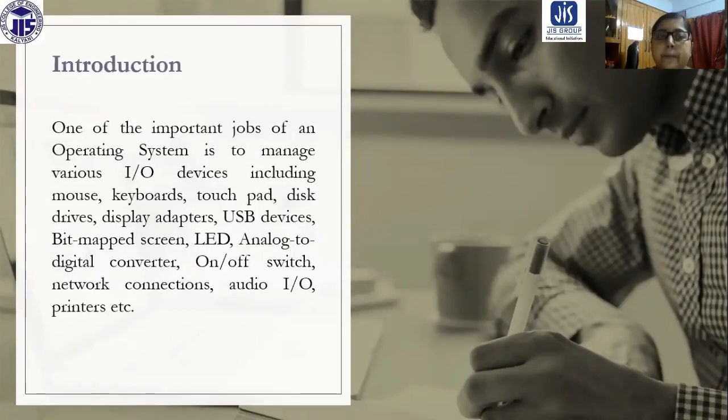It is a very important job of an operating system to manage various input-output devices like mouse, keyboard, touchpad, disk drives, display adapters, USB devices, bitmap screen, LED, analog to digital converter, on-off switch, network connections, audio input-output, printers, etc. So there are many input-output devices available in the system.